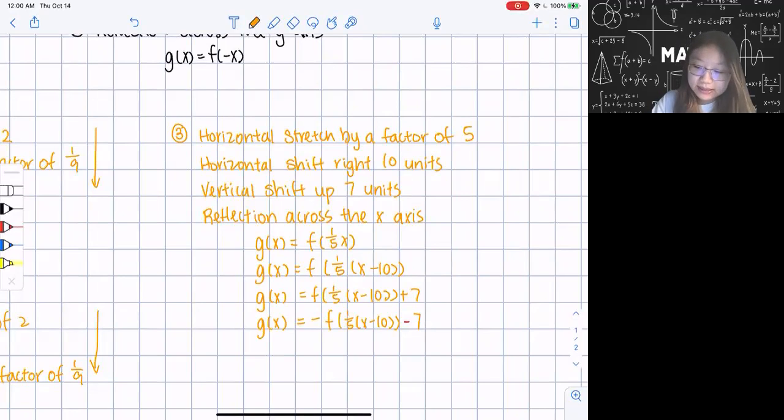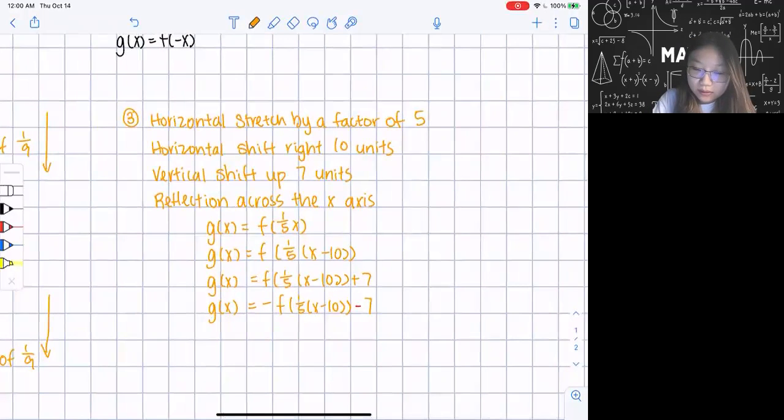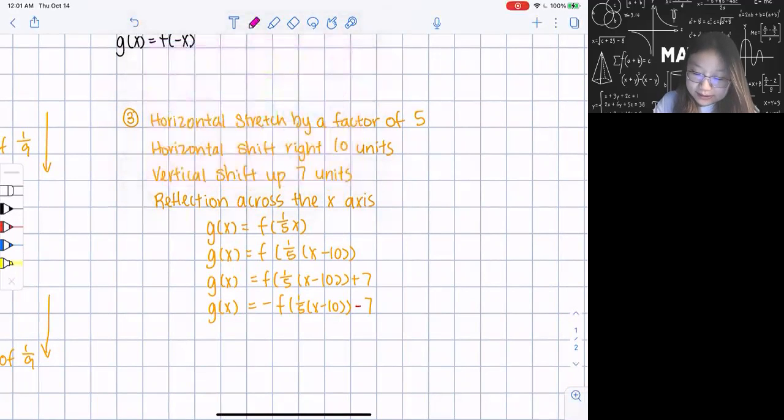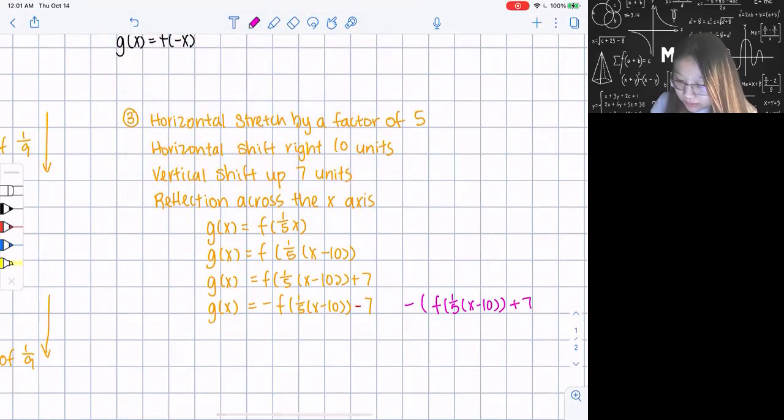It's because the original, when we applied this, we kind of ignored this step, is actually negative, parentheses, f of 1/5 (x minus 10) plus 7. So I'm putting this 7 inside the parentheses, and when you distribute this negative sign to every term, my positive 7 becomes negative 7.